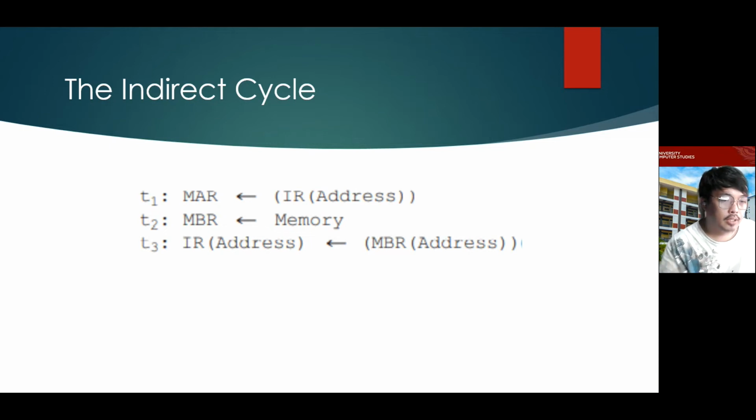And the data flow differs somewhat from that indicated in this diagram. In the indirect cycle, the address field of the instruction is referred to the MAR from the IR, instruction register, and then it is used to fetch the address of the operand.